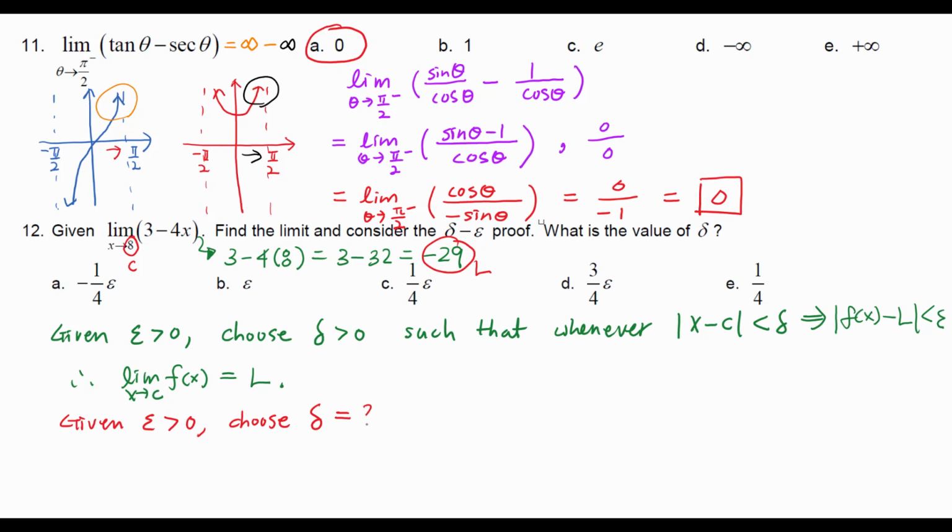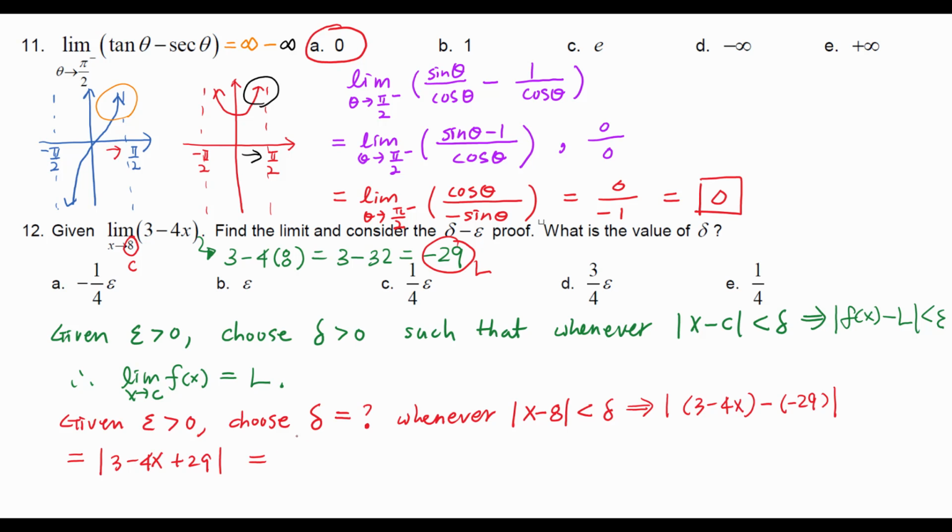Choose delta, we don't know yet, that's what we're trying to find, so that whenever the absolute value of x minus c, which is 8, is less than delta, it would imply the absolute value of f of x, which is 3 minus 4x, minus L, my L is negative 29, which is equal to the absolute value of 3 minus 4x plus 29, which is equal to the absolute value of 32 minus 4x.